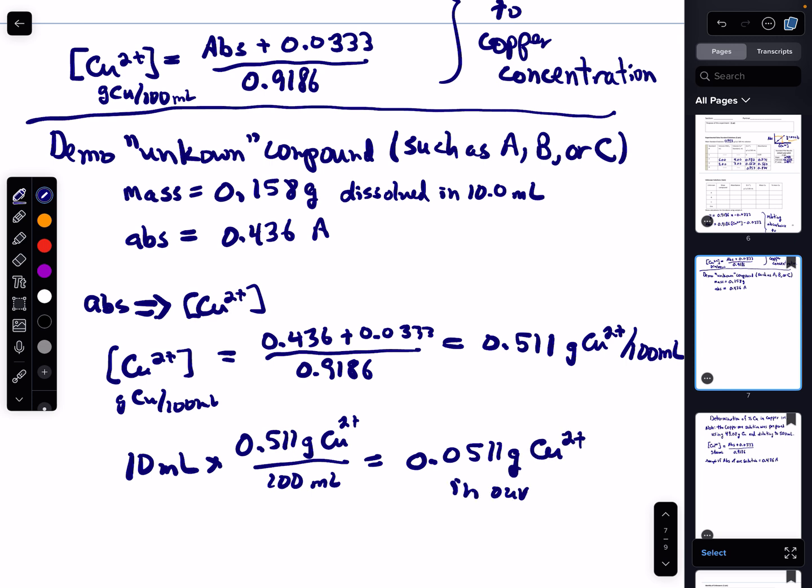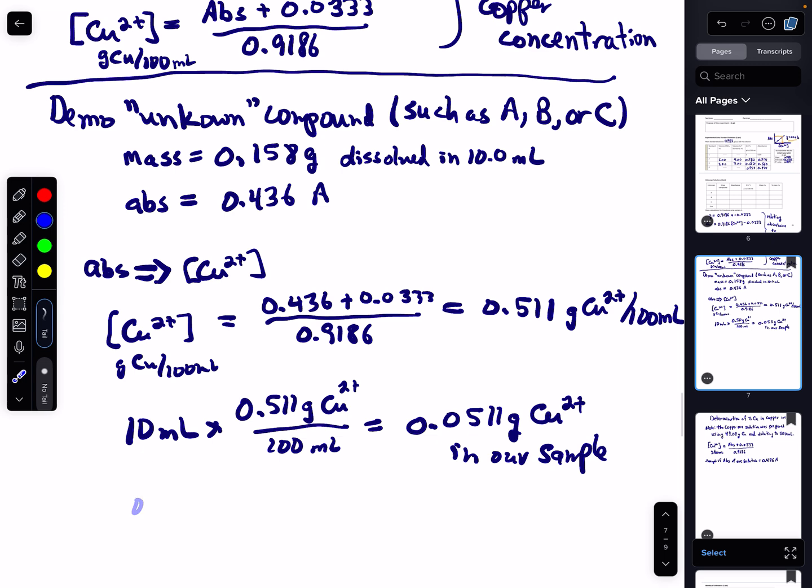in our sample. Remember, the mass of the solid we weighed out was 0.158 grams. So then the percent of copper is going to equal the grams of copper over the grams of compound, which is the same thing as the sample, times 100.